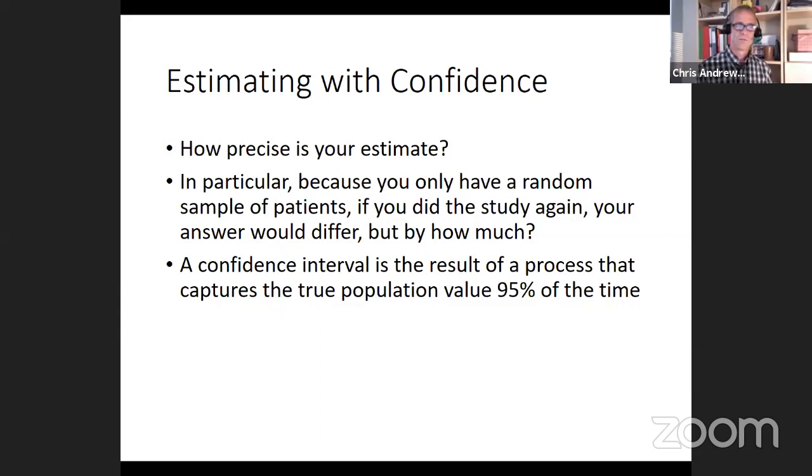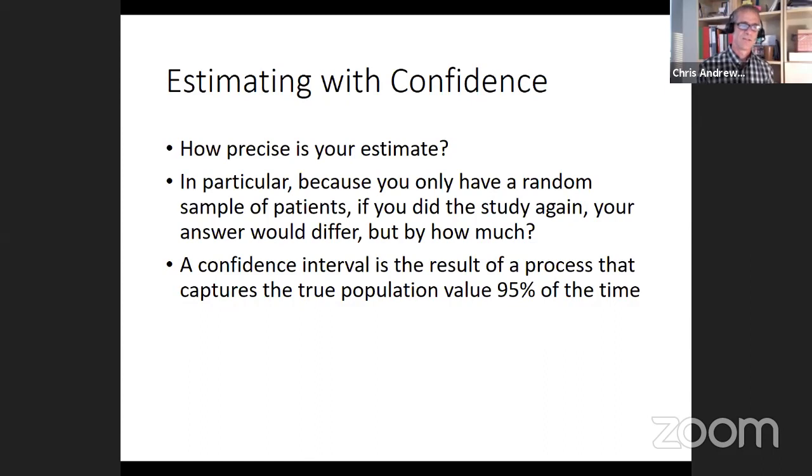We want to say not just minus 5.92 millimeters in our sample. We want to give a range and say we're pretty sure the truth is somewhere in this range. So a confidence interval is a procedure, just like a hypothesis test is a procedure.